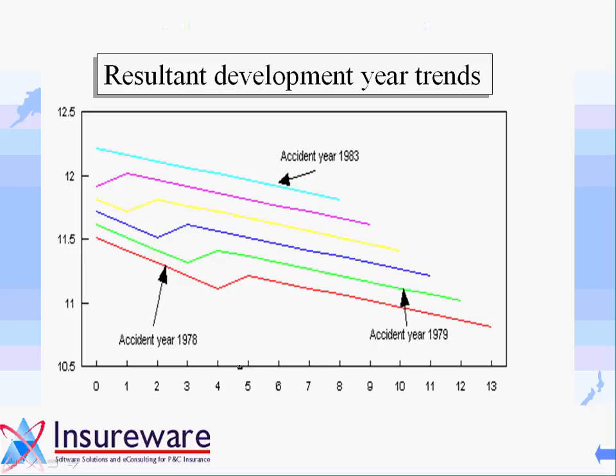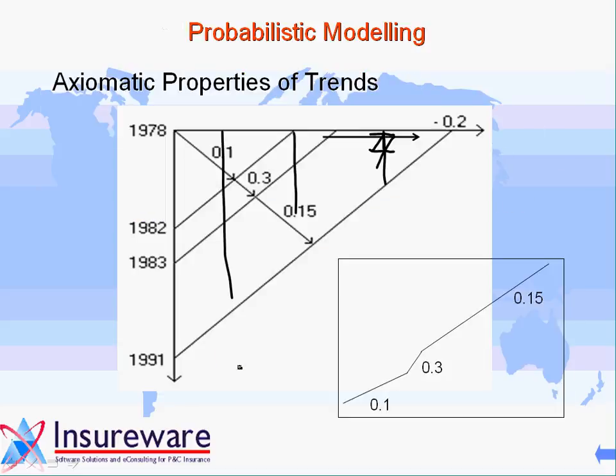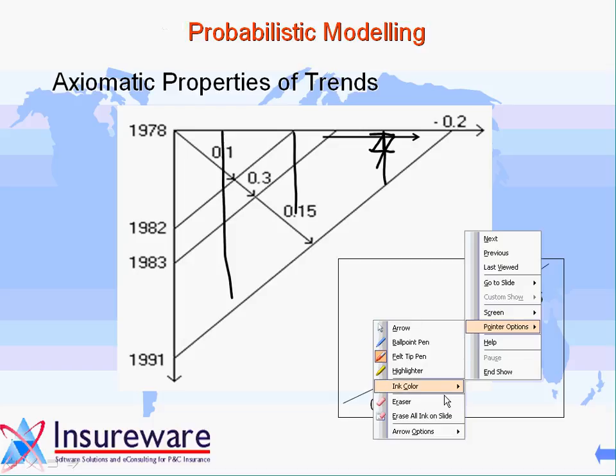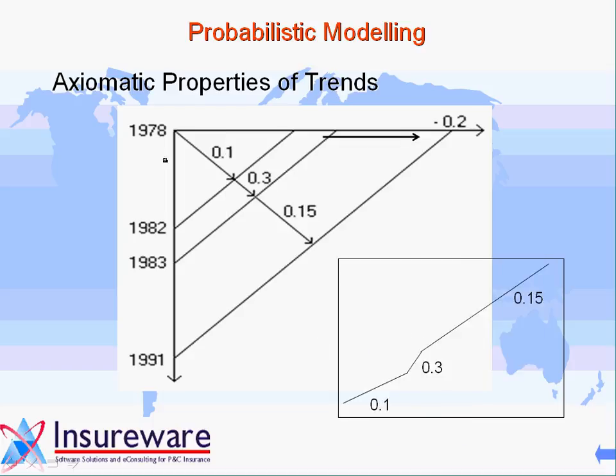Okay, just as a matter of interest here, suppose we accumulated the numbers for every accident year along the development years. What would be the relationship between this cumulative and that cumulative? Extremely complicated, extremely complicated.